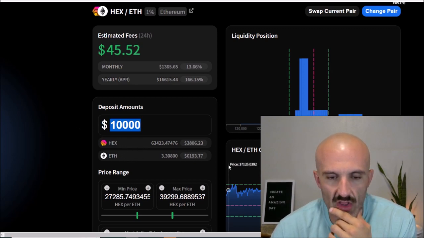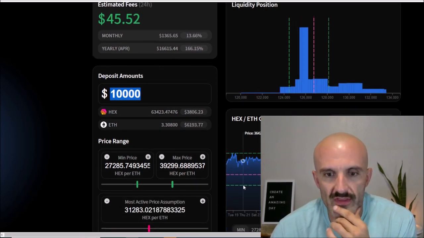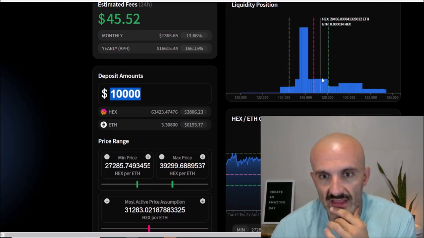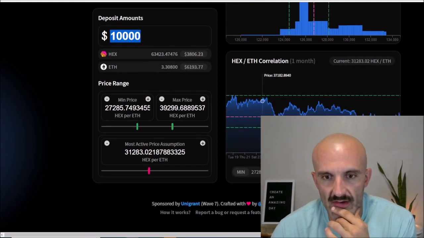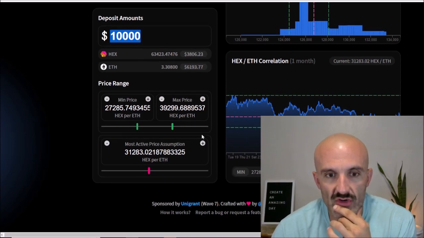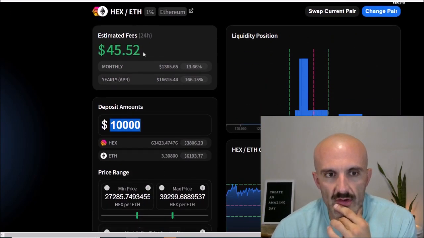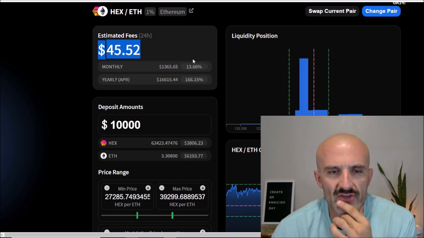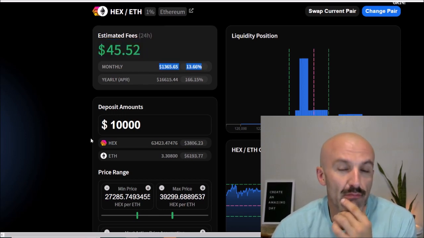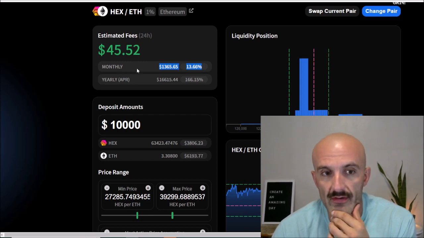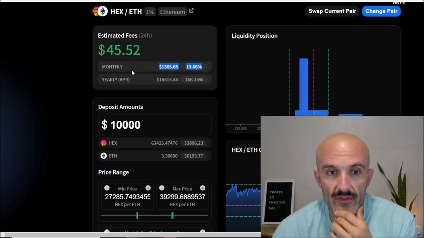On a $10,000 position with this liquidity, or this range, that's these green lines here are the ranges that you're willing to trade between. You're going to earn about 45 bucks every 24 hours, or about 13.5% per month. This is a monthly rate, 13.5% per month.